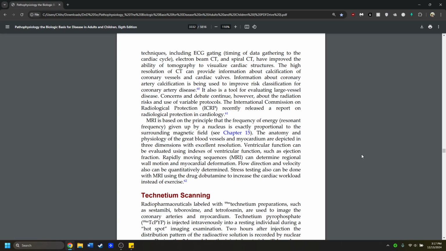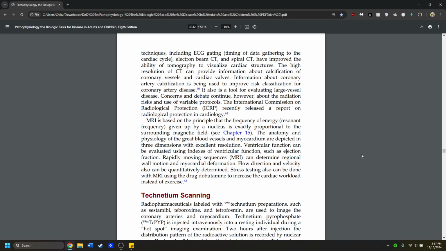New techniques, including EKG gating, electron beam CT, and spiral CT, have improved the ability of tomography to visualize cardiac structures. The high resolution of CT can provide information about calcification of coronary vessels and cardiac valves. Information about coronary artery calcification is being used to improve risk classification for CAD.